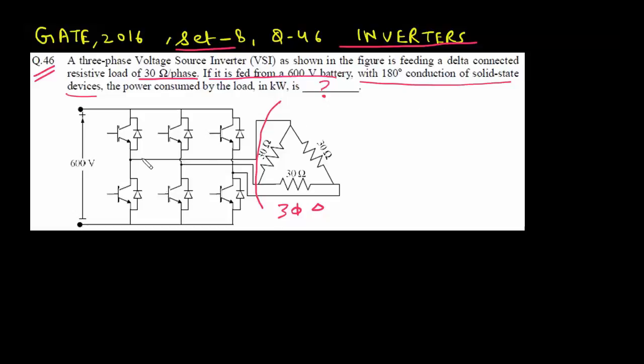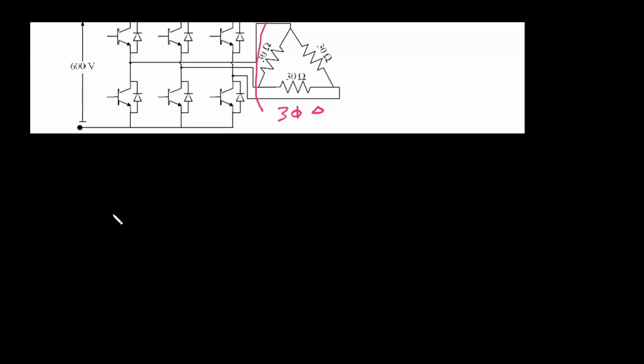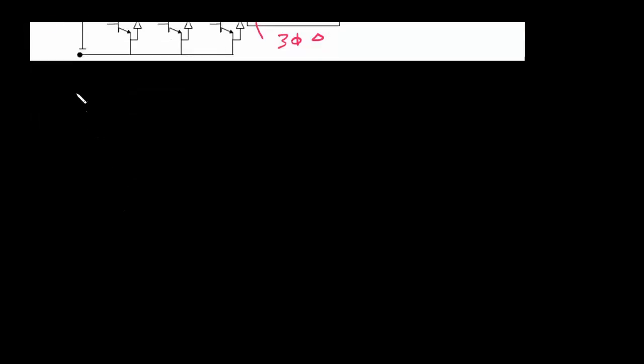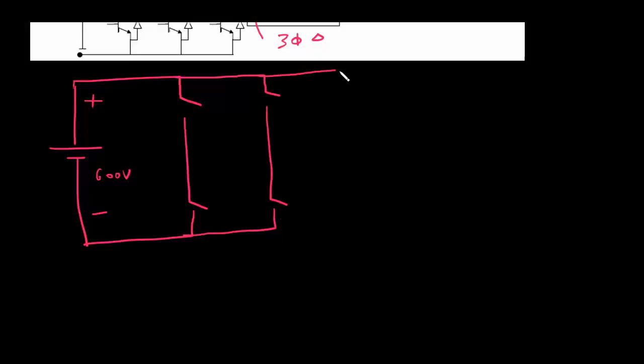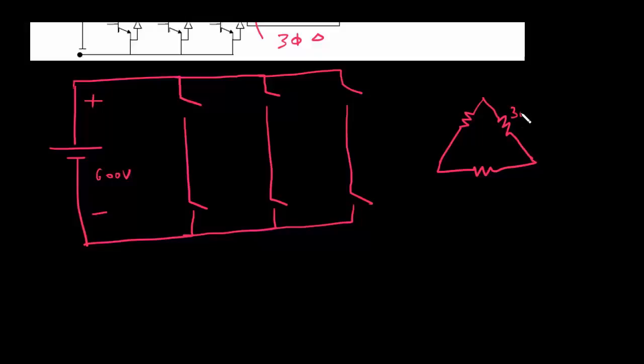So let us draw this three-phase circuit again to get better understanding. We have an input voltage source of 600 volt. Then we have three-phase voltage source converter. Here is three-phase delta connected load of 30 ohm per phase.